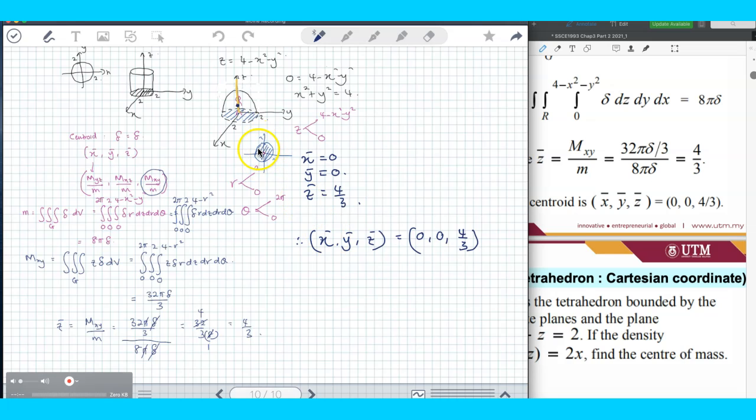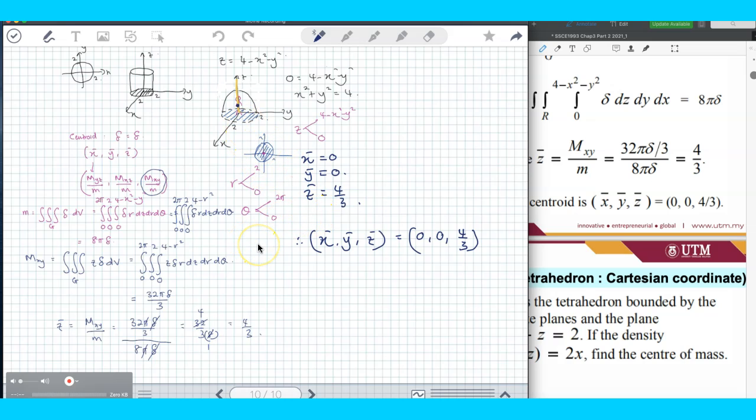It depends on your region, because we know that the region is a circle and the center of the circle is at 0, 0. So the centroid, just like a center, the stable point, is located at x 0, y 0.